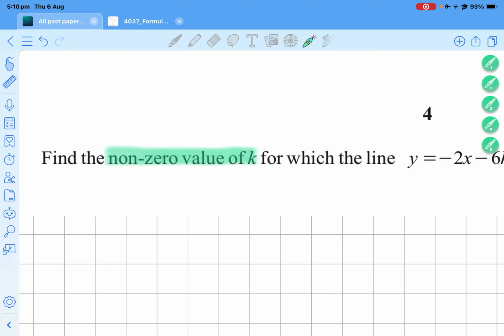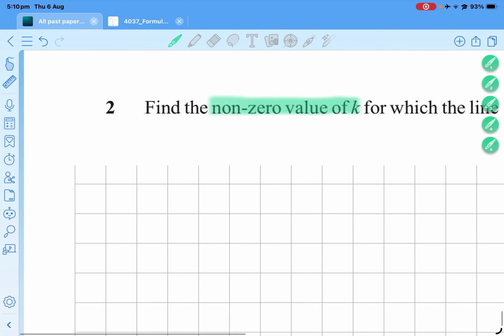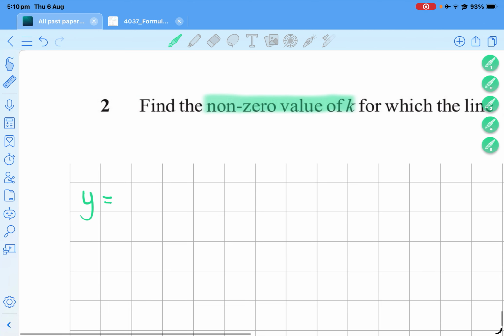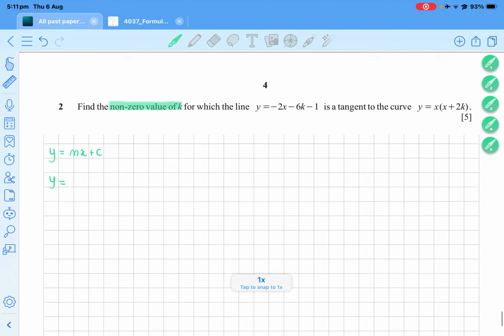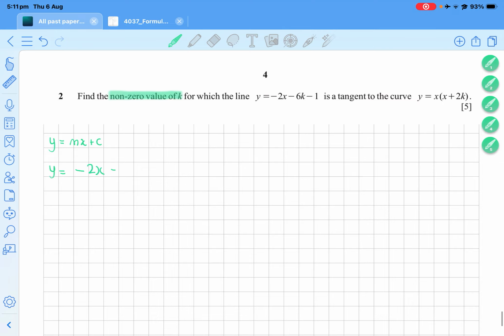Yeah, so y is equal to mx plus c. So if I say that I have minus 2x and then I have minus 6k minus 1, these two are literally the same thing. So this is in the form y is equal to mx plus c.